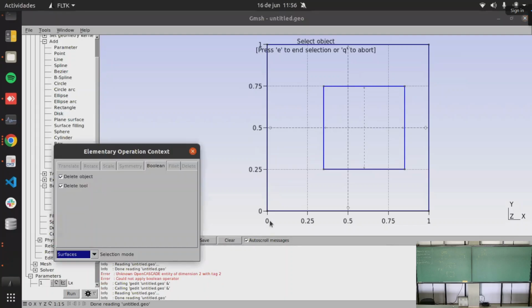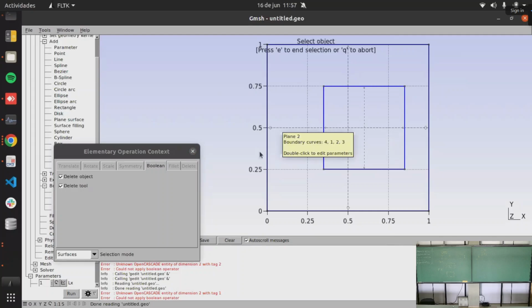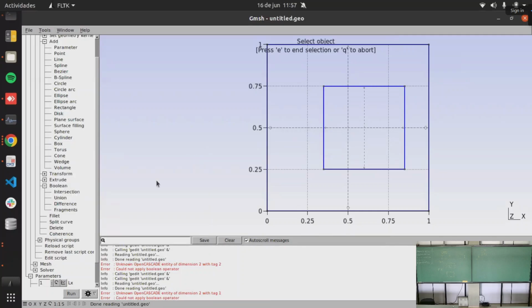Maybe I have to press here the area that I want to extirpate. No. This happens to me all the time. Sorry about it.